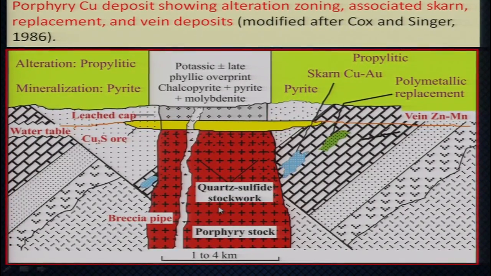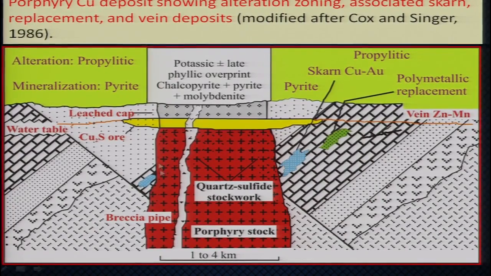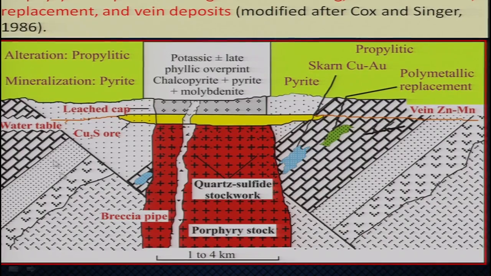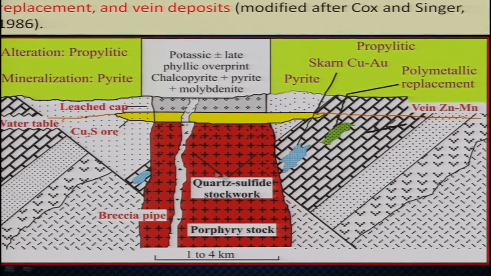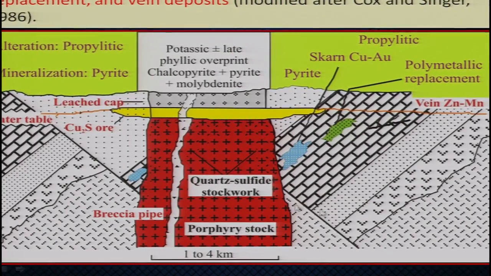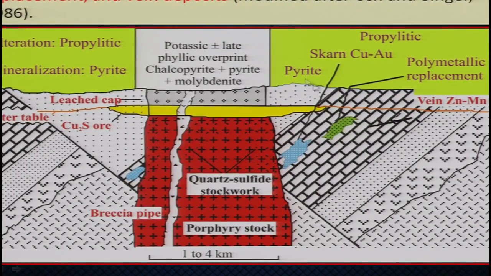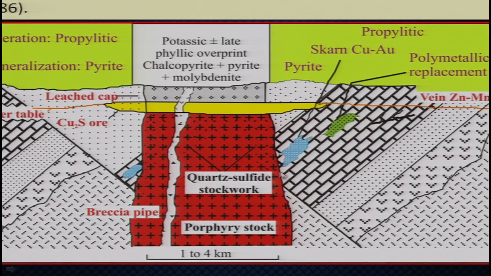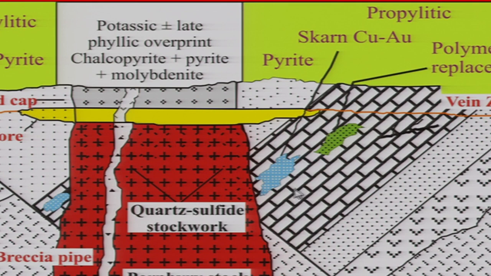There is a major intrusion, a brecciated pipe of the same rock. It intrudes through these country rocks, and you see these blue colored patches here. This blue colored patch is nothing but the emanations reacting with the surrounding rock.